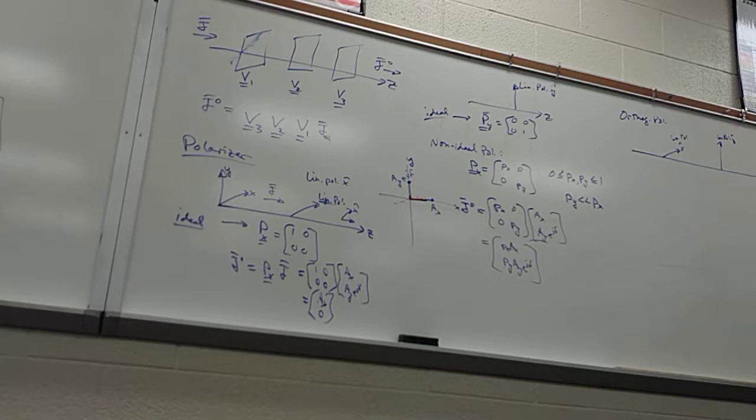So the system matrix of this whole thing is just going to be first Px, because that's what light will see first, and then Py, that's what it will see second. Let's assume these are ideal. And so this is going to be [0, 0; 0, 1] times [1, 0; 0, 0], which is [0, 0; 0, 0]. So orthogonal polarizers are not so great in the sense that they just kill all the light.